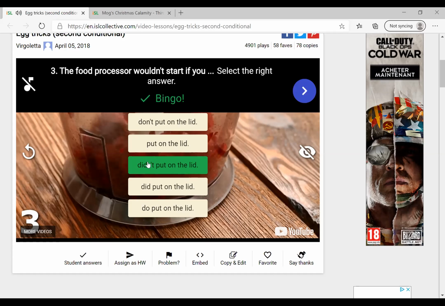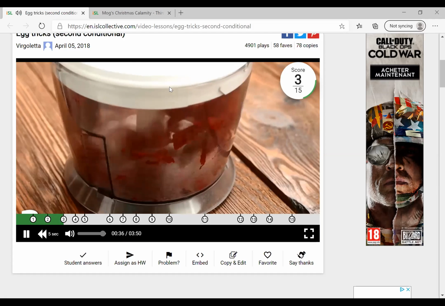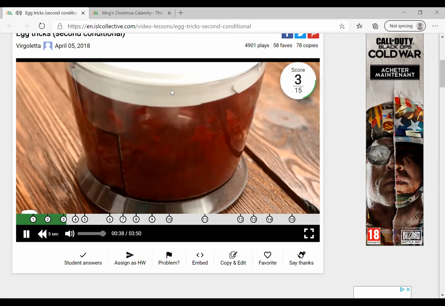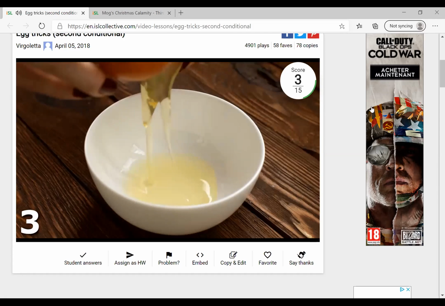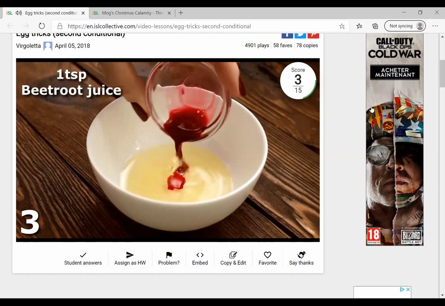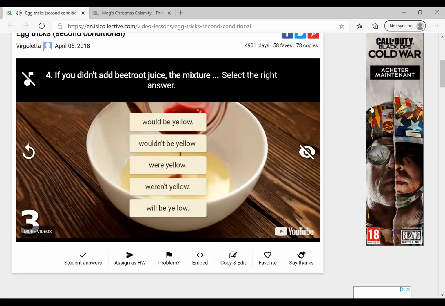For me, the most important thing is that you understand that here it should be past simple. Didn't put. Food processor wouldn't. Main clause would, if past simple. Next. So this is the lid. They put beetroot juice.